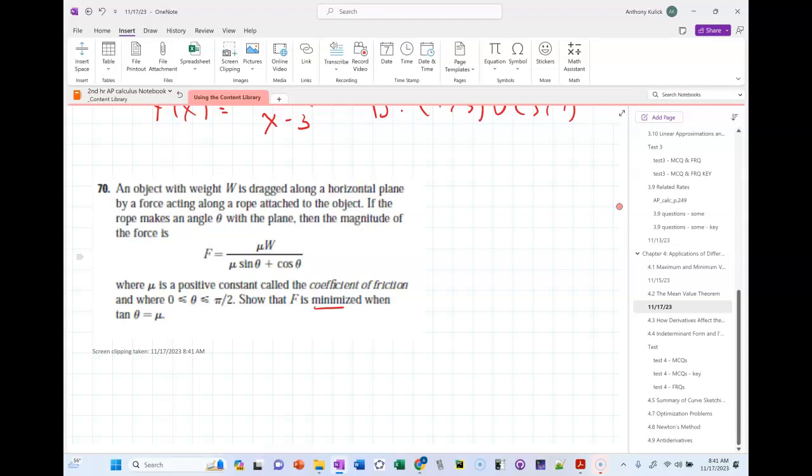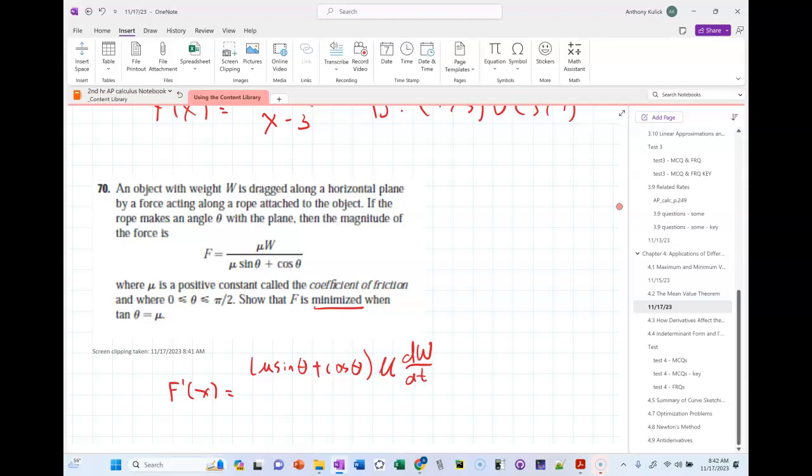Okay, so if I want to find the minimum, I'm going to start by looking at the derivative. So to take the derivative of this, what do we need to do? Very good. So it's the quotient rule: the bottom times the derivative of the top, what do we differentiate?